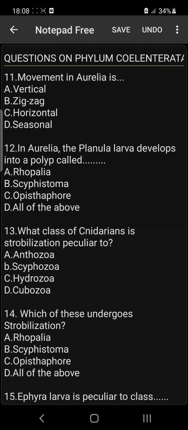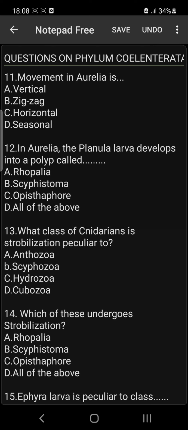This is question 11. In segment 5, we treated questions 1 to 10. Now we'll be taking questions 11 to 20. Movement in Aurelia is vertical, zigzag, horizontal, or seasonal? The answer is vertical. Movement in Aurelia is vertical, that is, up and down.